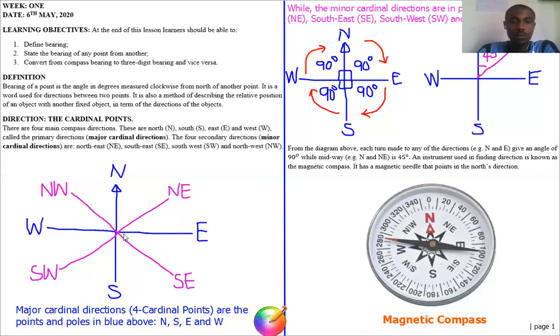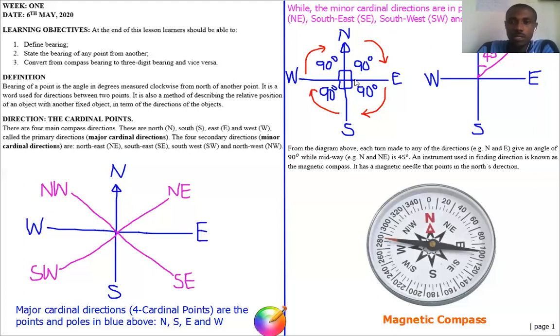Now, I also made you understand that the direction of a point is always measured in a clockwise direction. If you check out this red arrow, you see it going in a clockwise direction. And I also stressed that the angle between 2 poles, that is the north pole and the east pole, is 90 degrees.